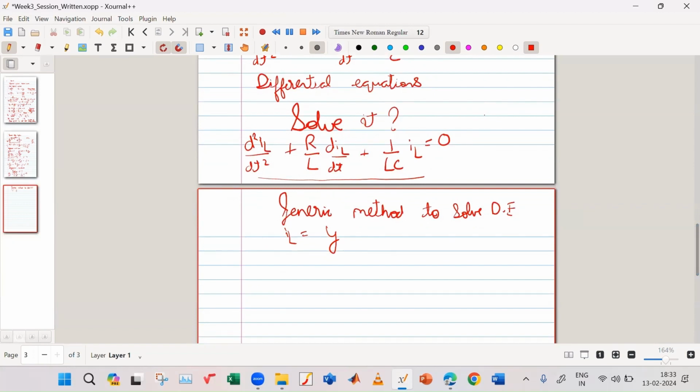So I make it of the form d2y/dt2 plus a1 dy/dt plus a2 into y is equal to 0.